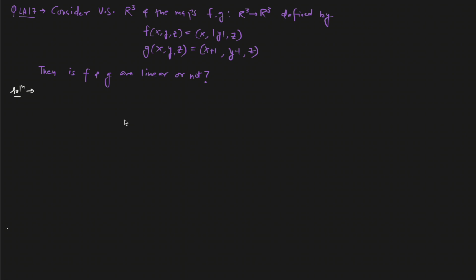Okay, so let's first find for f. First of all, a map or a transformation is linear if and only if it satisfies the linearity property. What does the linearity property say?